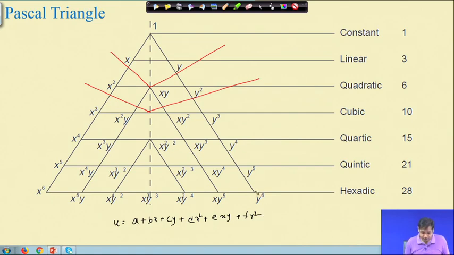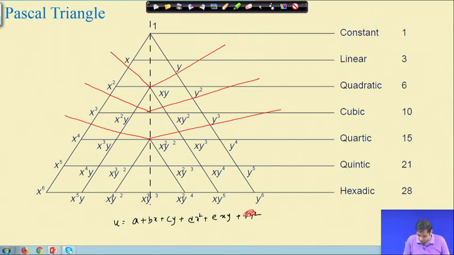So, a total of 6 terms are taken. Similarly, if you have a cubic polynomial, then you have to take all these 10 terms to make it cubic, in a way that you do not have any biasness in the x direction or y direction.